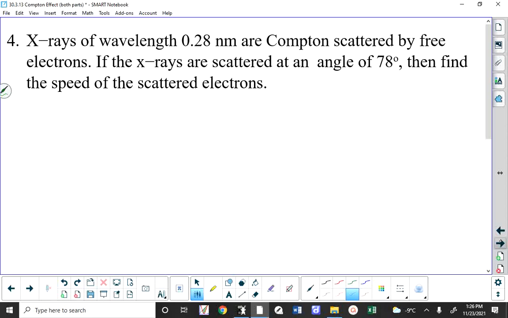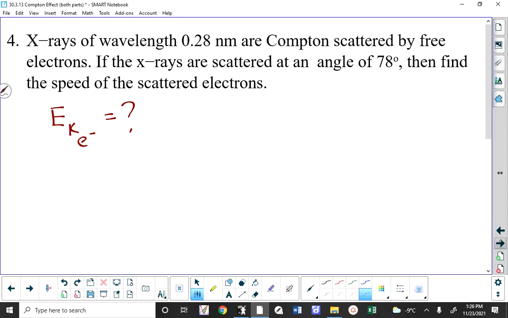Boy, you know what? This seems like there's no way I've given you enough information. But in order for you to find the speed of the scattered electrons, our primary goal becomes what's the kinetic energy of the scattered electrons. All right, so how would we do that?